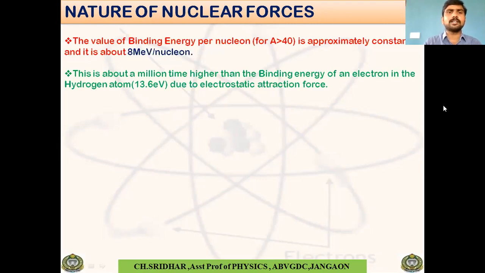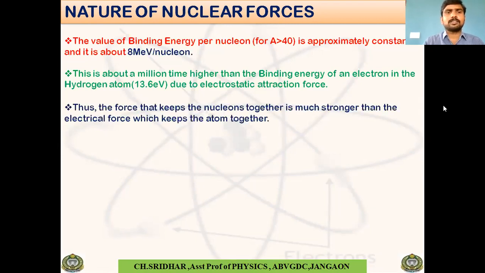The binding energy per nucleon is approximately constant for nuclides of mass number greater than 40, almost equal to 8 million electron volts per nucleon. Thus, the force that keeps the nucleons together is much stronger than the electrical force which keeps the atom together. So the force responsible for keeping the nucleons together must be very different from the electrostatic force of attraction, and much stronger than it.